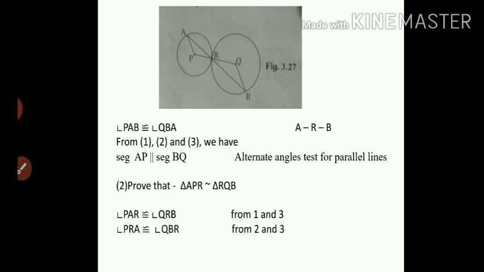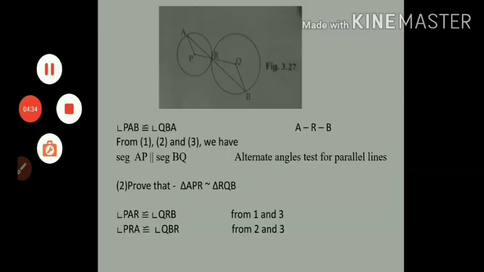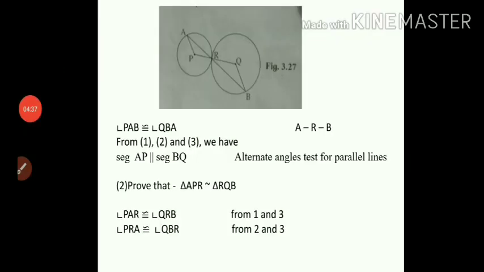Now again, statement number 2 was angle QRB is congruent to angle QBR, and statement number 3 was angle PRA congruent to angle QRB. From 2 and 3, QRB gets cancelled, so angle QBR is congruent to angle PRA.